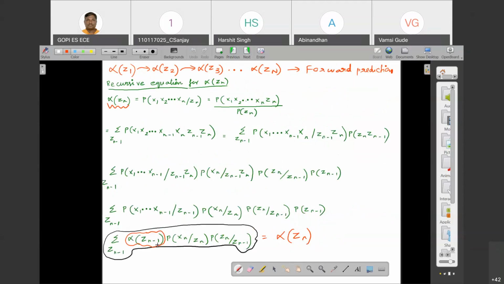By definition, you are using that, right? And taking the summation over Zn minus 1 is basically the marginal probability. I hope this is known to you.